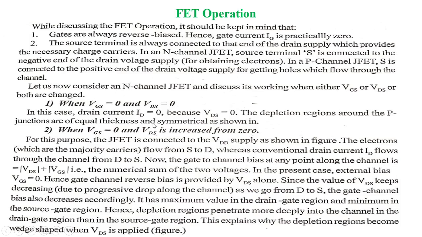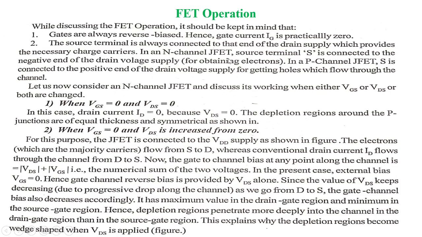Now, see FET operation. While discussing the FET operation, it should be kept in mind that the gate is always reverse biased. Hence, gate current IG is practically zero. Second point, the source terminal is always connected to that end of the drain supply which provides the necessary charge carriers.